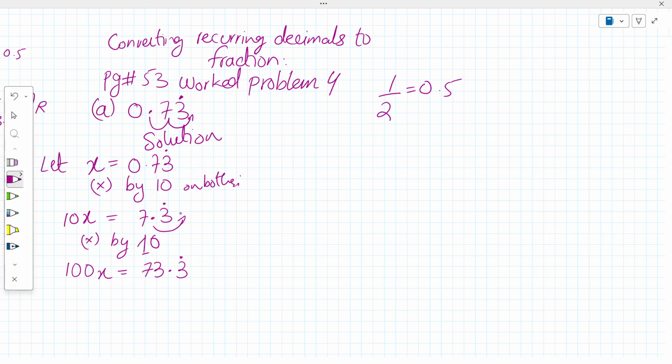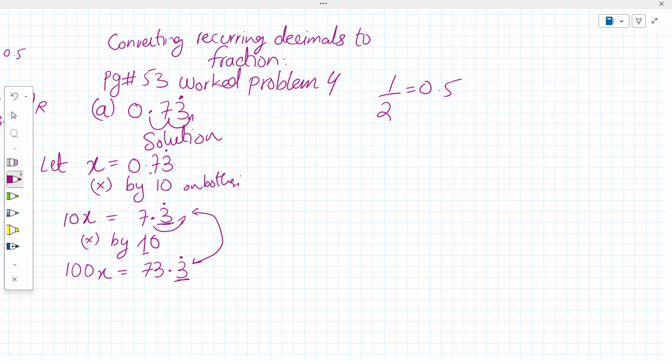Now, this decimal is recurring and this decimal is recurring, and in both it is one place. So we will use these two equations only. Why not the first equation?